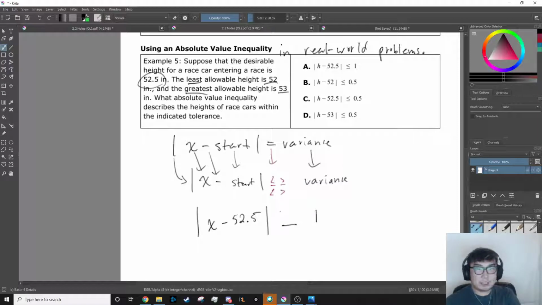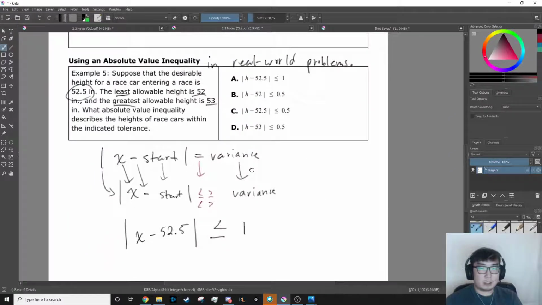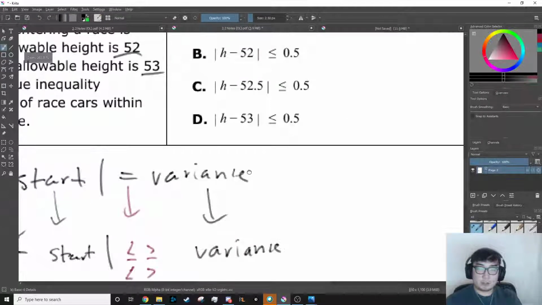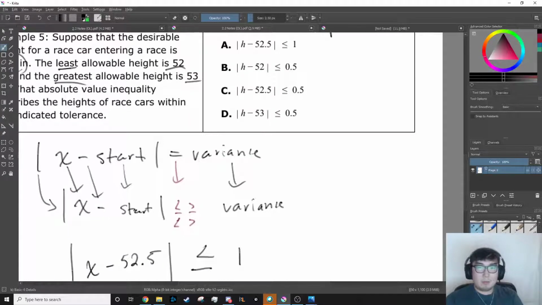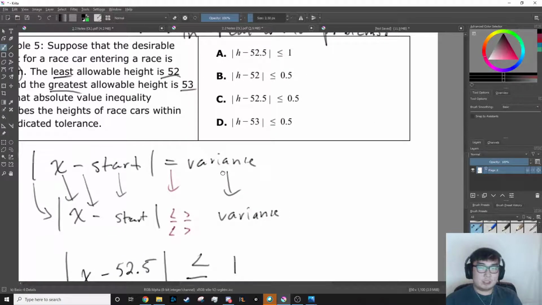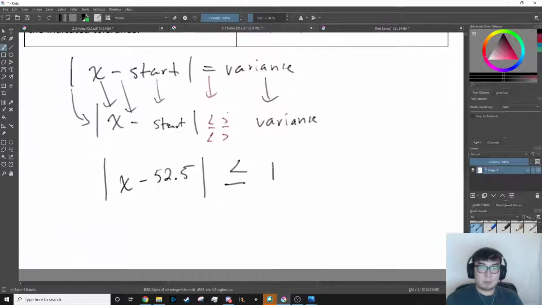So I'm just going to guess this way. And the way that we solve this is by checking. Well, first of all, we can look at our answer choices. Oh, all of our answer choices are facing the same way. So luckily I got it correct. But what if my answer choices had two inequalities facing different ways? Then what do I do? You just guess and check from there.